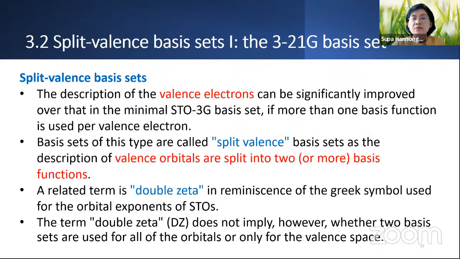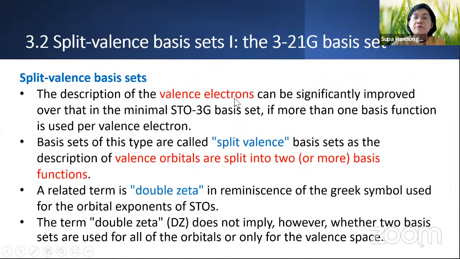It will fill 1s first with 2 electrons, then 2s with 2 electrons, and then 2px, 2py, 2pz. Whatever electrons are in the outer layer, we call valence electrons, right? So this is the point. We consider the valence electron.